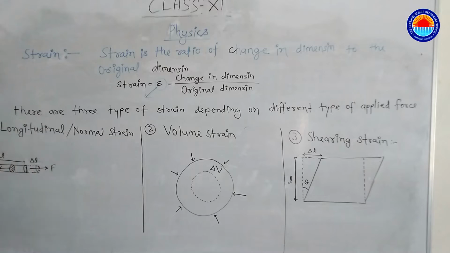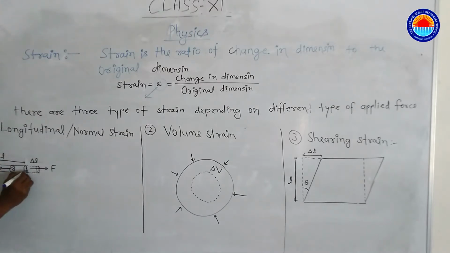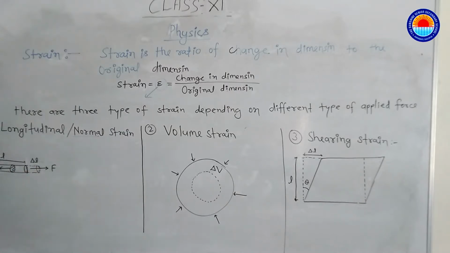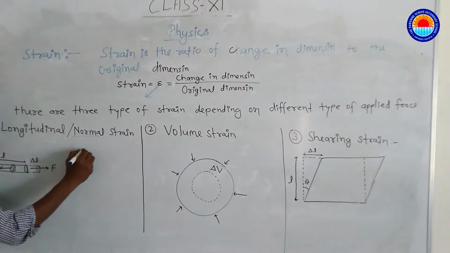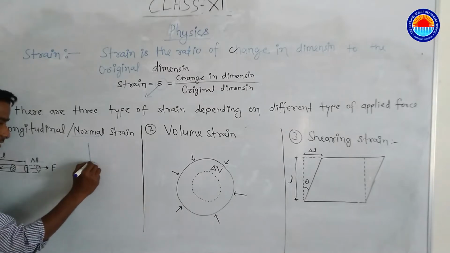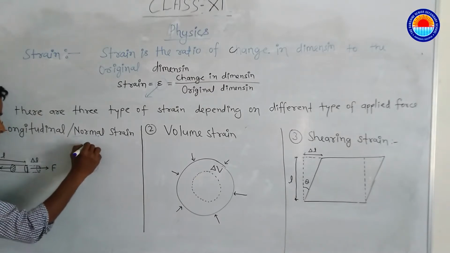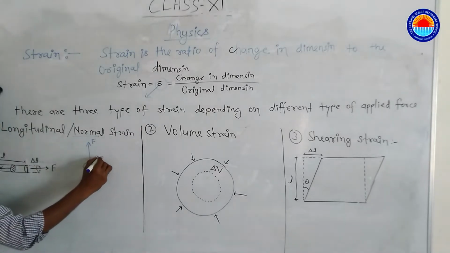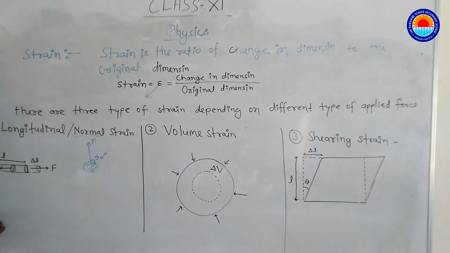It is called longitudinal strain because in this system, if we apply a normal force, the angle between the area and force is 90 degrees. So we call it normal force, and the length increases if we apply normal force. So we call it longitudinal strain or normal strain.